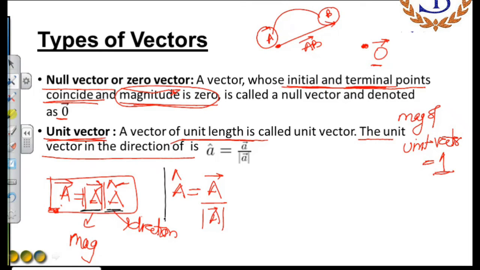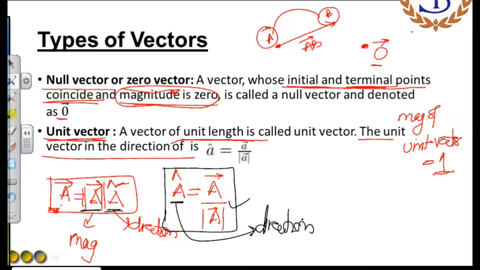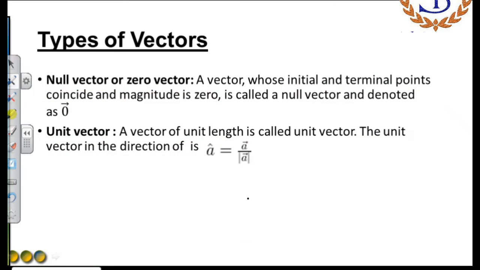That's why A cap is equal to A vector upon A modulus. This is a way to find a unit vector. Unit vector means direction of a vector. So the direction of any vector A can be found out by this particular formula, A vector upon A modulus.